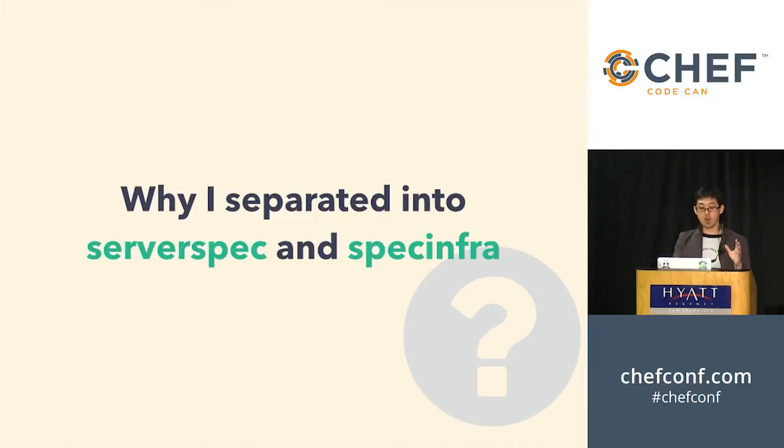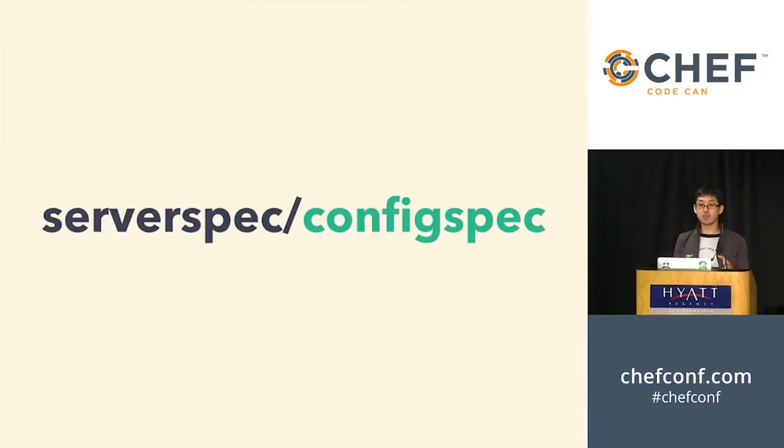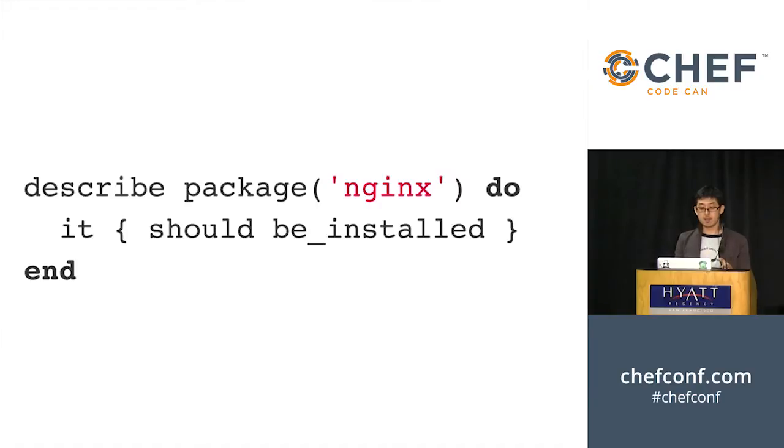I will explain why I separated it into Serverspec and Specinfra. I created a very simple configuration management tool as a proof of concept. That name is config-spec. It is in a GitHub repository. Sample code of config-spec is like this.